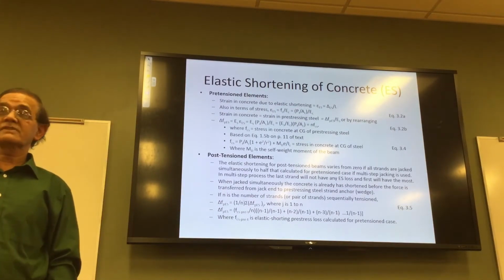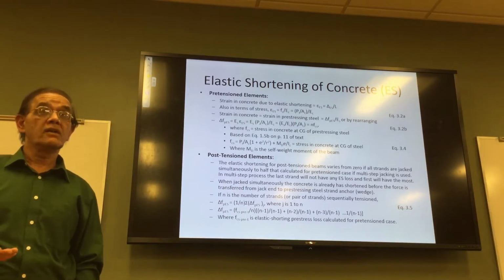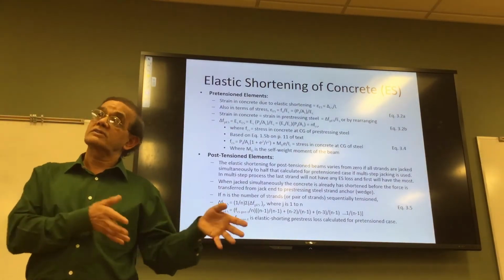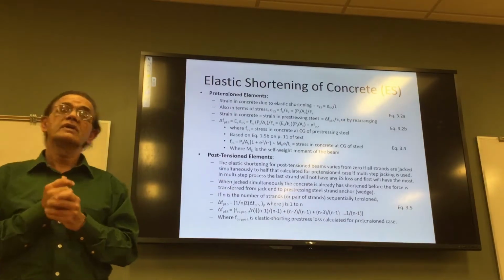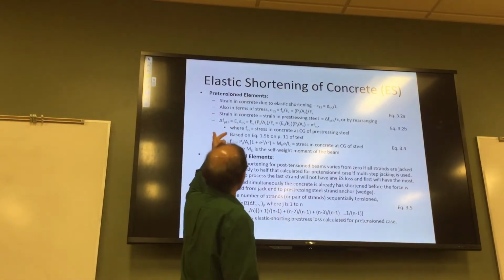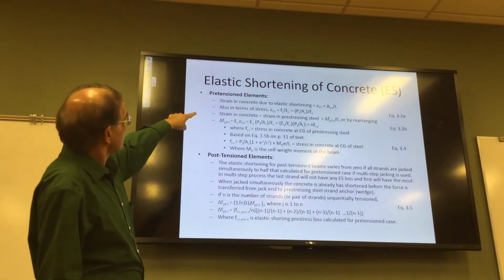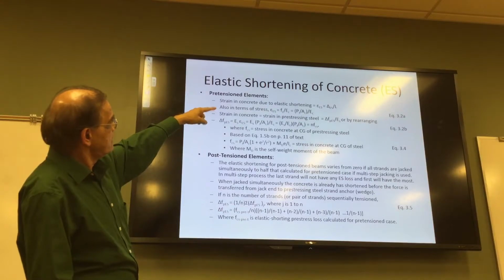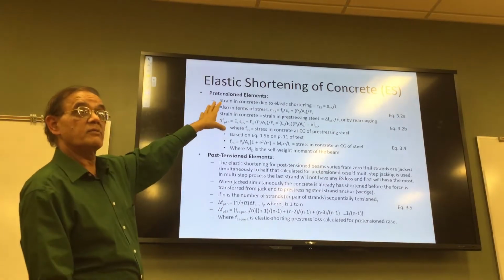Strain and stresses are directly related by elastic modulus, so you can calculate the loss of stress. Loss of strain and loss of stress are directly related, linear elastically most of the time. In any case, the strain in concrete due to elastic shortening, let's call that epsilon ES, which is delta ES, the change in length divided by the original length.